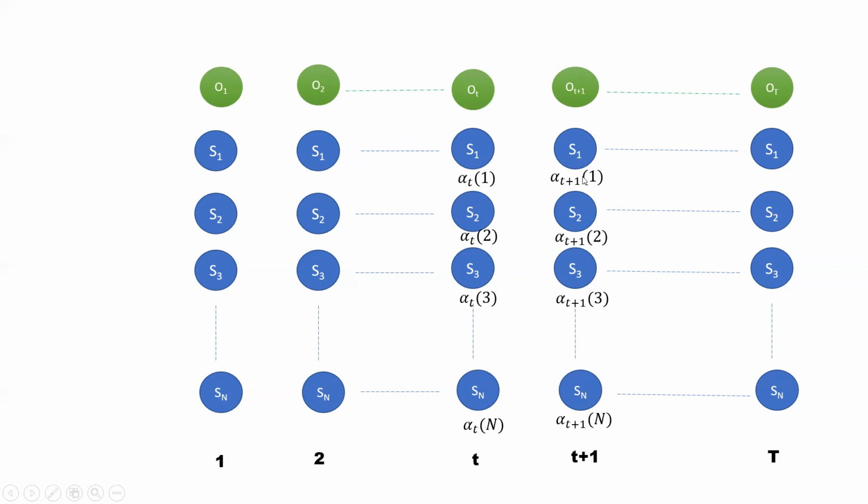So alpha t plus 1 of 1 means the probability of emitting the sequence O1, O2, O3, O4, etc. up to OT plus 1 by the state S1 is stored in the variable alpha t plus 1 of 1.